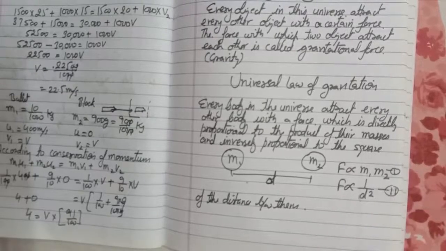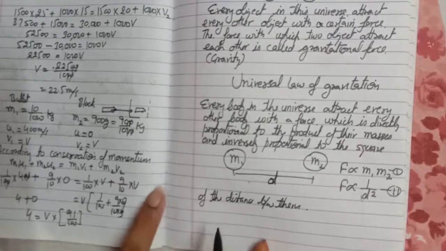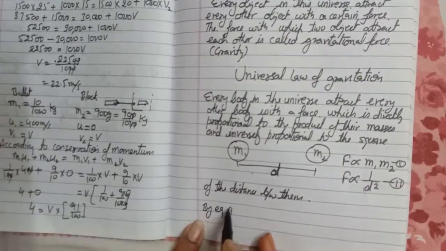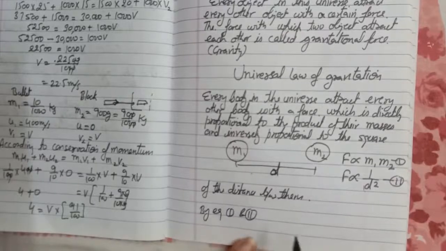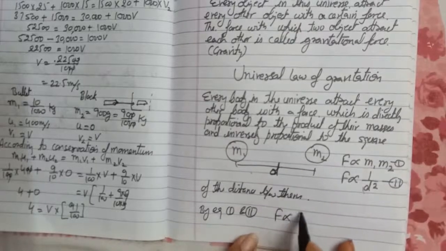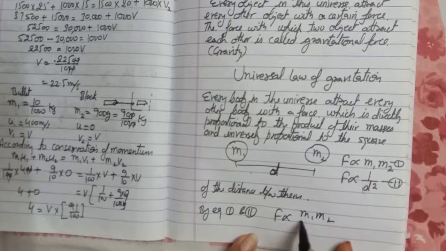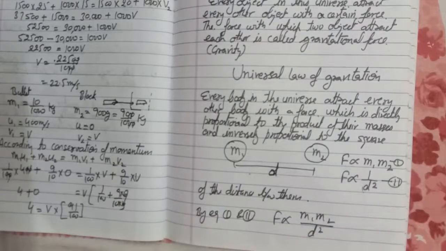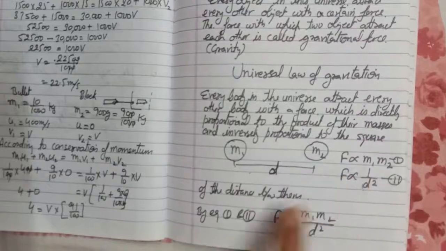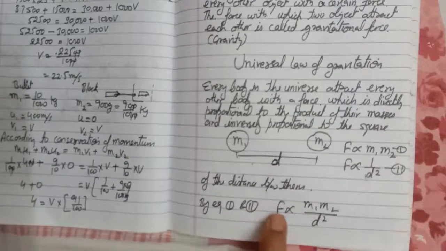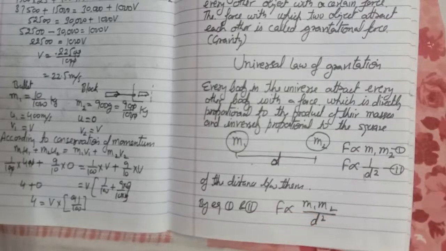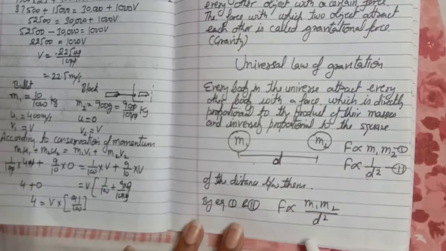By these two equations, F is directly proportional to m1 m2 upon d square. Before writing all these terms, you have to write the meaning of all these terms, that is, what is F, what is m1, m2 and d.